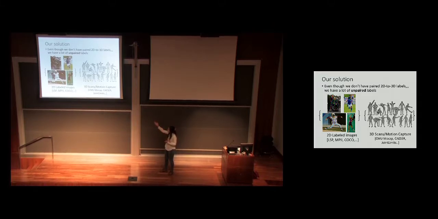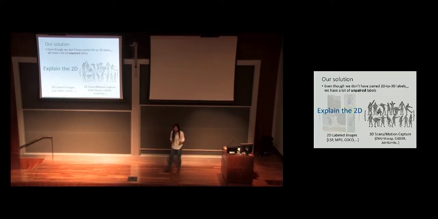But we have 3D scans in the same mesh representation that I was just talking about. So these are independent, meaning I don't have the 3D of this particular human, but I have a lot of examples of different humans. And so what we're going to ask the network to do is to explain the 2D pose while staying within this distribution. So this is the key idea. And the nice thing is that with this framework, you can train a model that infers the 3D without actually having paired examples of this is the image and this is the 3D.